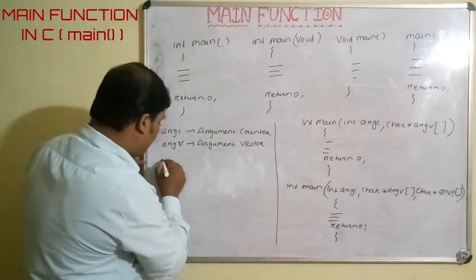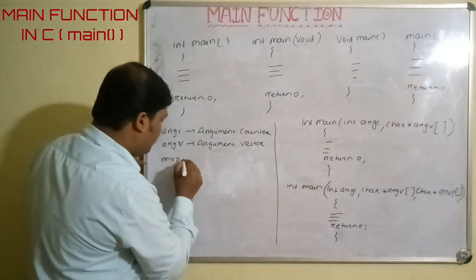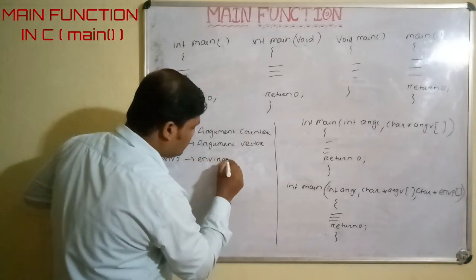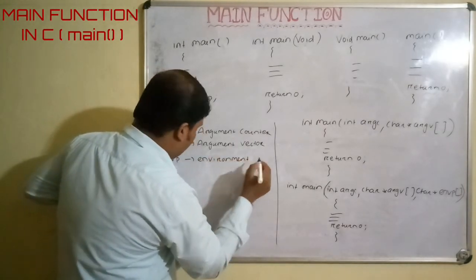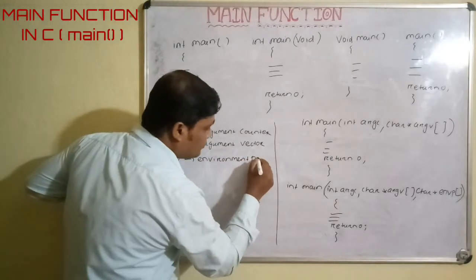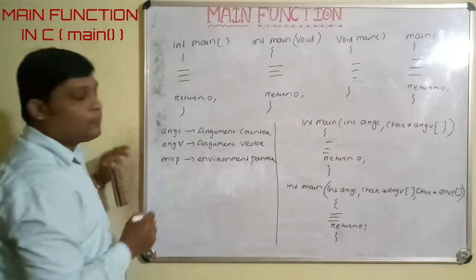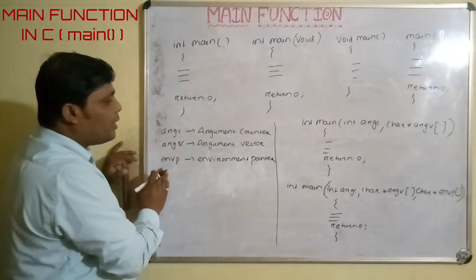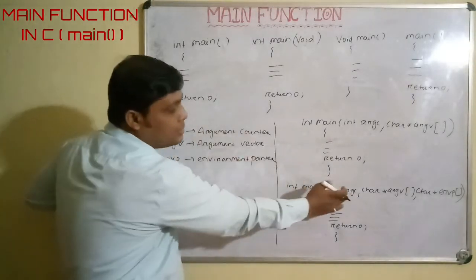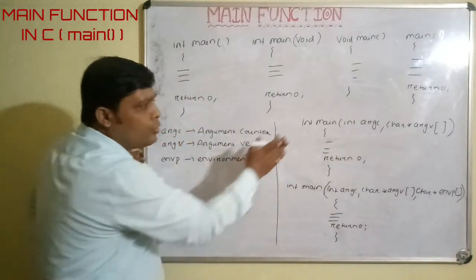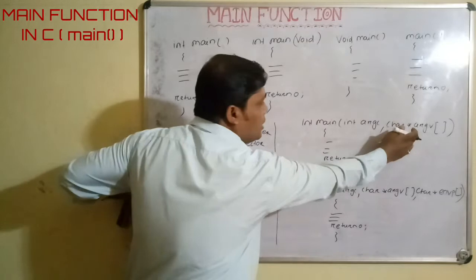Clear? envp means environment pointer. So these are the variables we are passing as parameters to the main function. How will you use these parameters in your program?